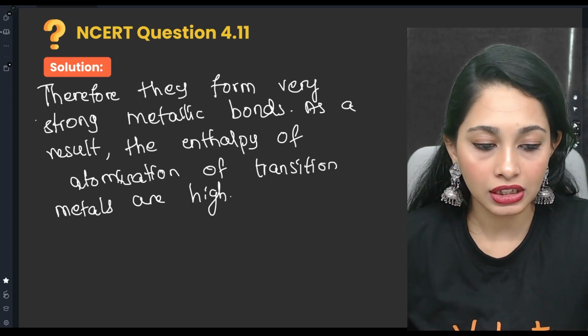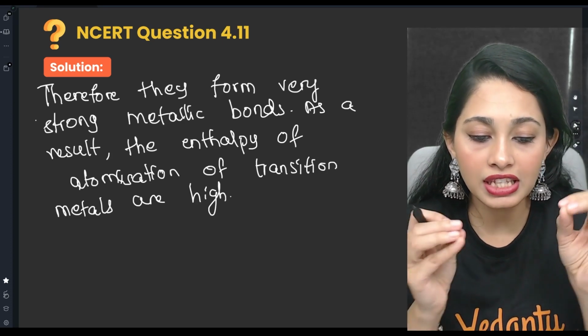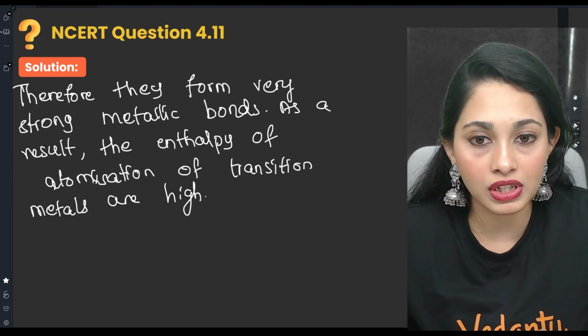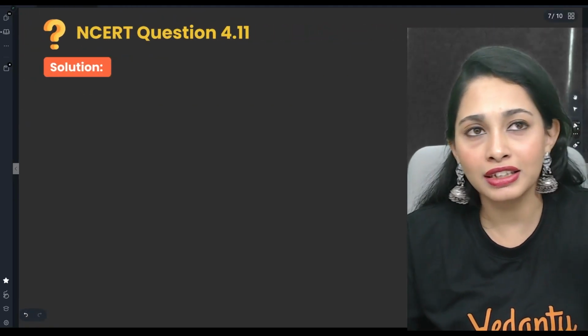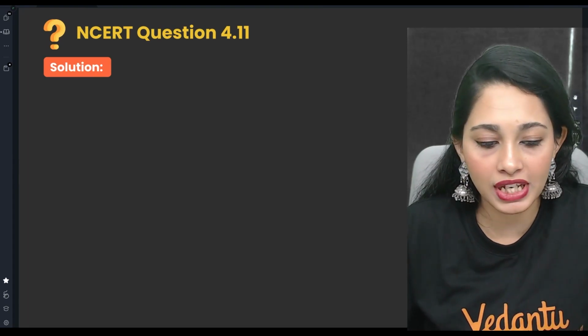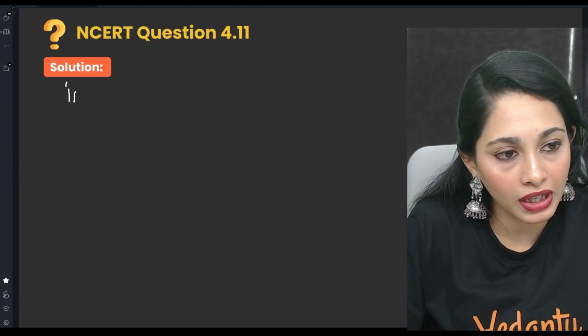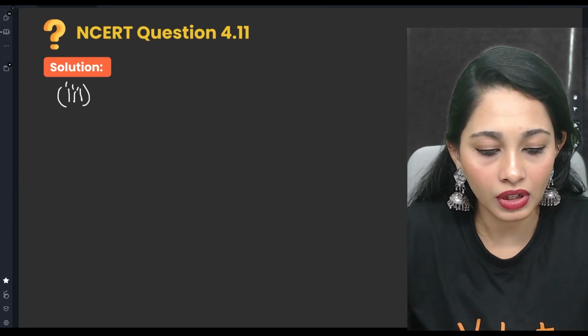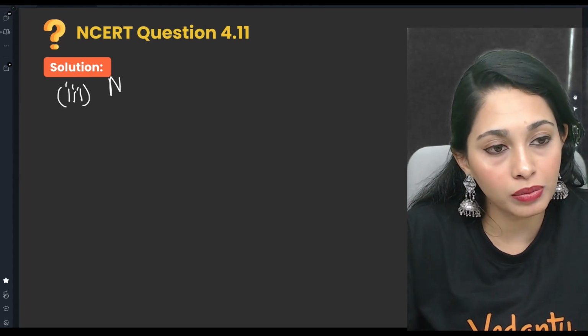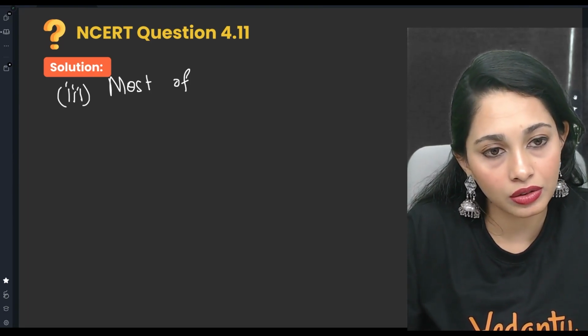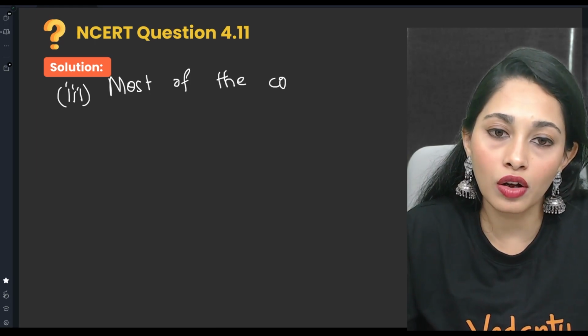And then the third one was the transition metals generally form colored compounds. This is studied in coordination compounds as well. So the third one, most of the complexes of transition metals are colored.